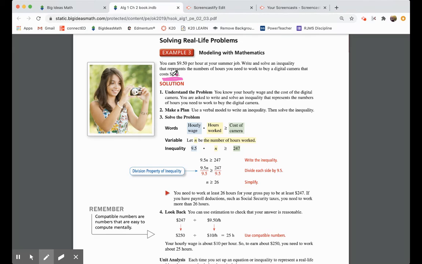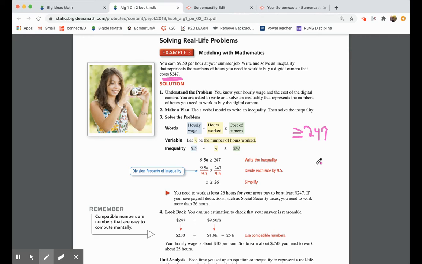So that means we need to have at least this much. So 247. We could have exactly 247, which means it's going to be an or equal to. Sorry, I know that 7 looks weird. So it could be equal to that, or we could have more than that, but we have to have at least that much. So whatever we have is going to have to be greater than or equal to 247, the cost of the camera.